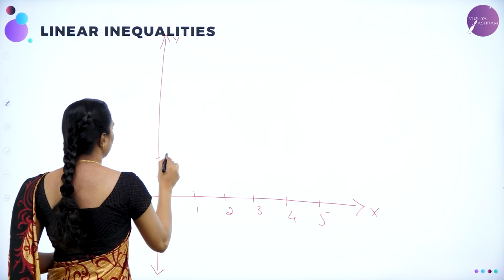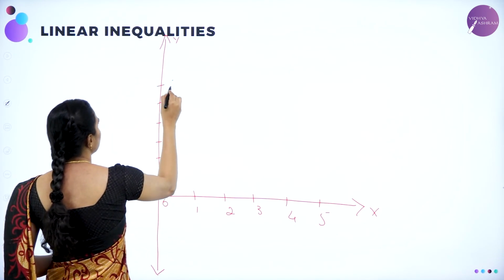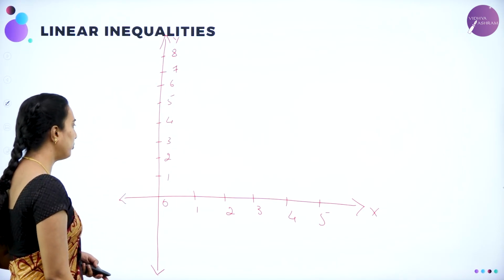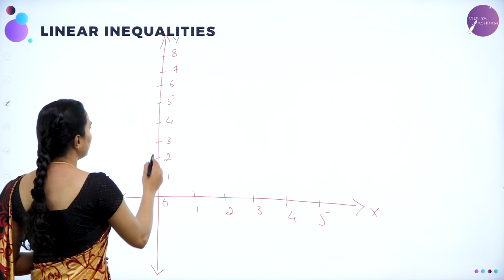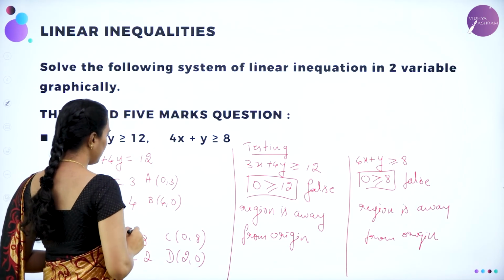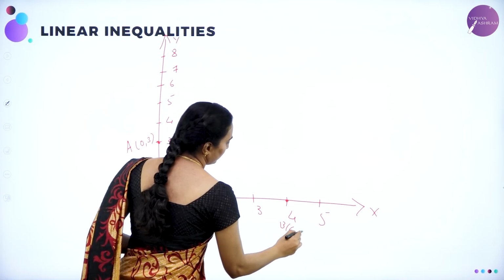Here 1, 2, 3, 4, 5, 6, 7, 8. Let me mark the point A here. A is what? 0, 3, which is here. A of 0, 3. And B is what? 4, 0. Here B of 4, 0.